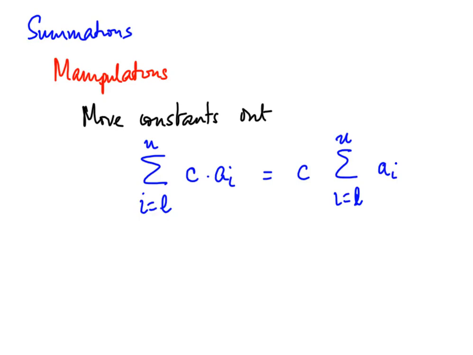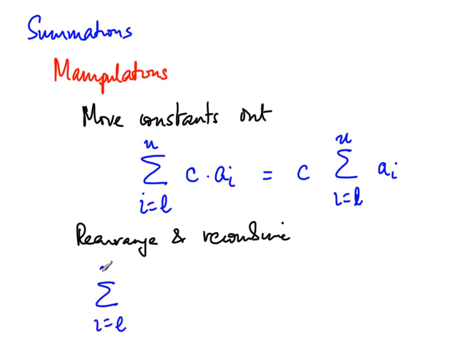The second simplification that one could do very often is to rearrange and recombine. So we may have an outer summation over an expression, i equal to L to U, so maybe we have A_i plus B_i. Now we may find it tedious to add up A_i and B_i, but recognize that we have A_1 plus B_1, A_2 plus B_2.